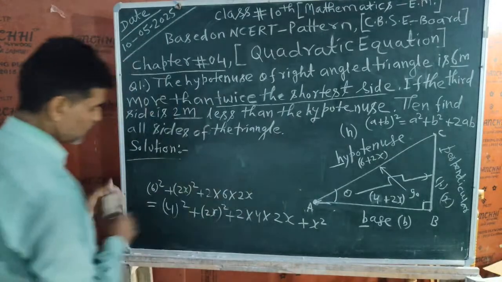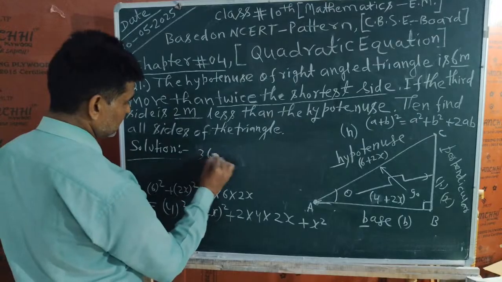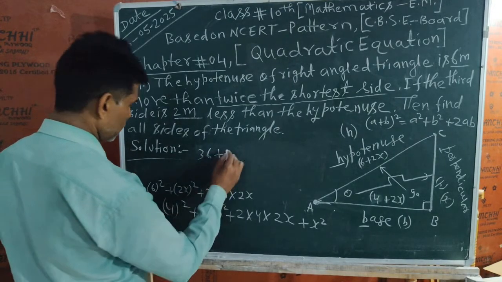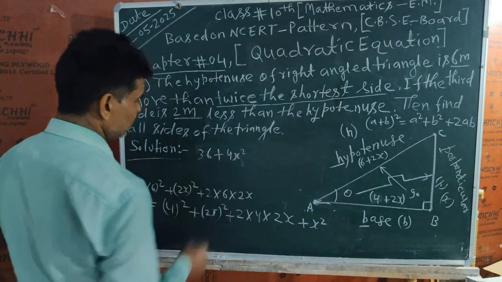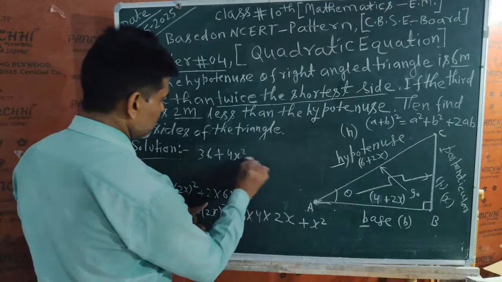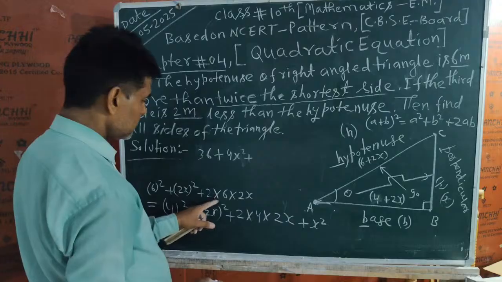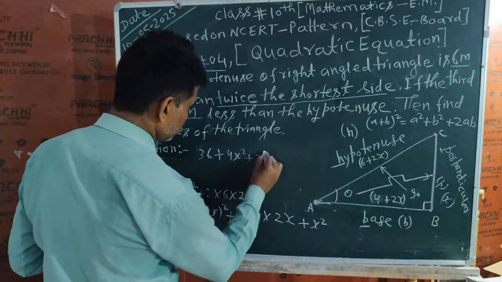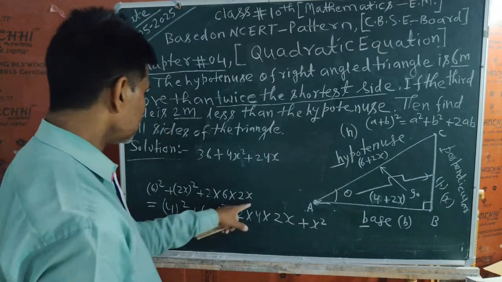Now here 6 into 6 will be 36, plus 2x into 2x will be 4x square, and then plus 2 into 6 into 2x, that is 24x.